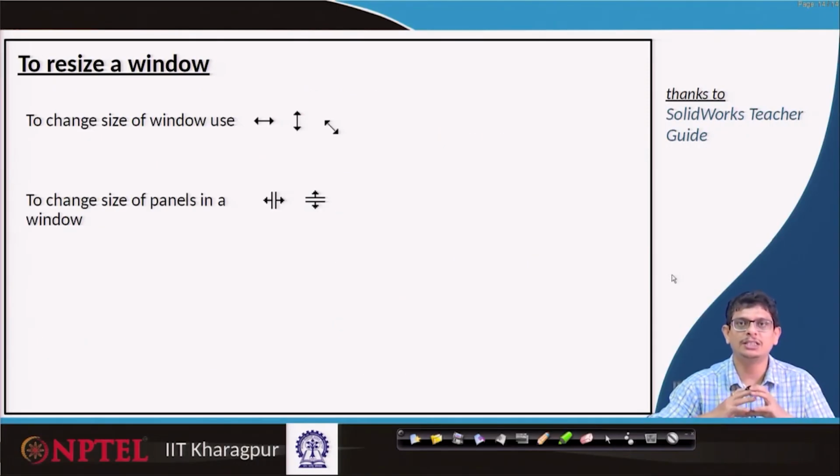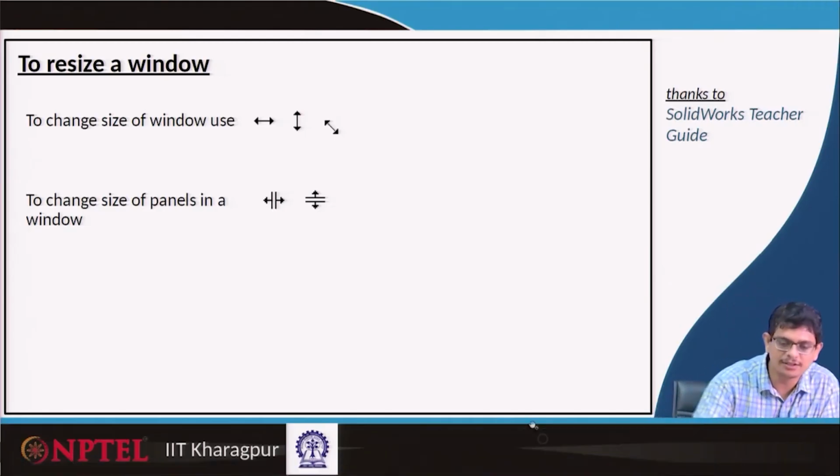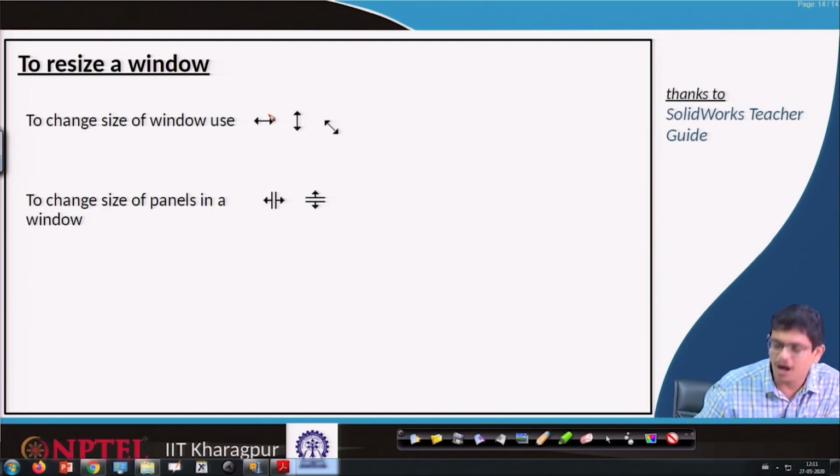If you want to change the size of this window, which we will see later, you use the buttons on your keypad: the up arrow, the side arrow, another side arrow and the down arrow.